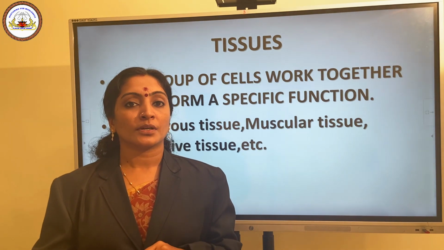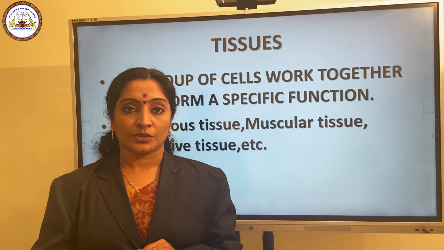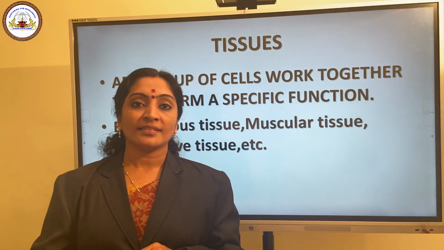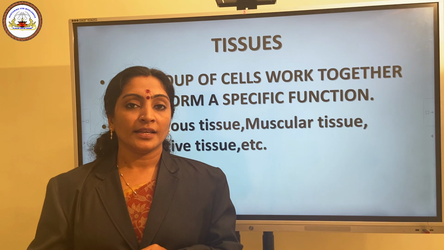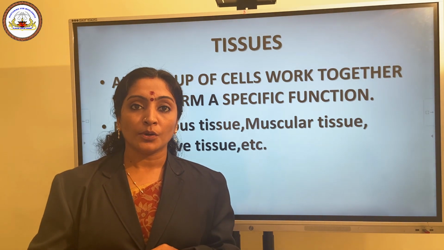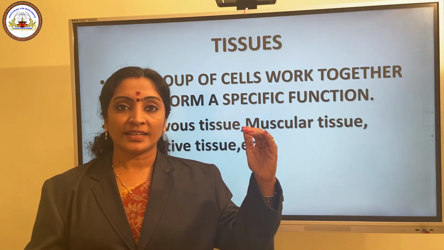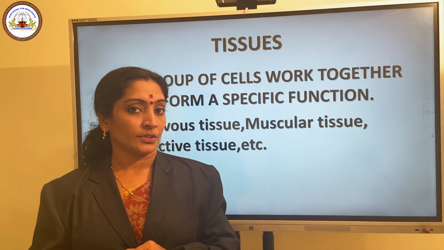In your textbook, some differences are mentioned. The first one, that is growth. In animals there is limited growth. We know that human beings and other types of animals are able to grow up to a particular stage in their life. After that, there will not be any further growth.